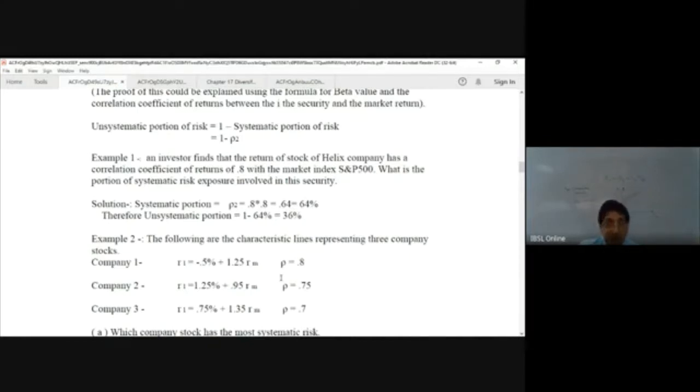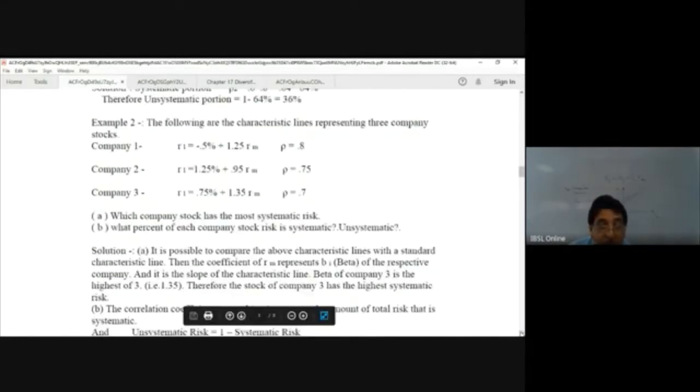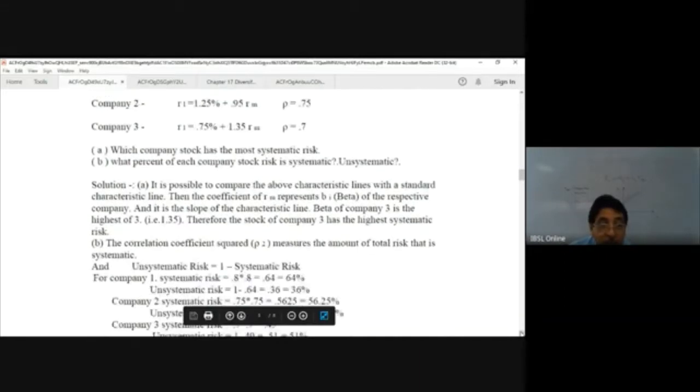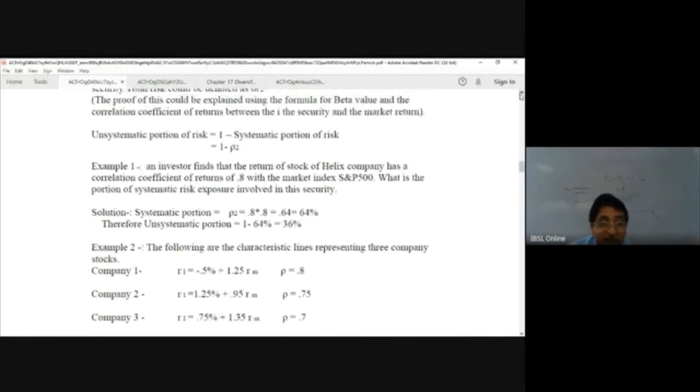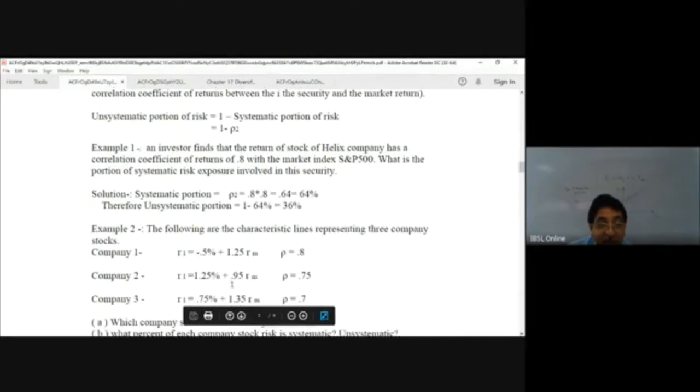Just calculate. It is given here, but anyway, you do the calculation and see what it is. Now, with this data only, you need to calculate that. So tell me the systematic portion of company 2's risk. Systematic portion, right?